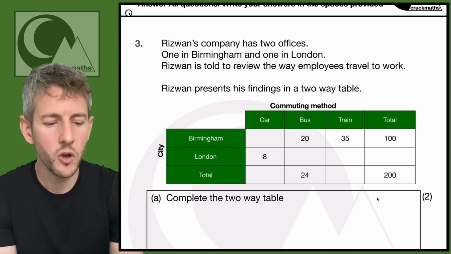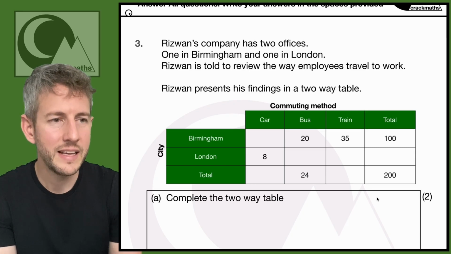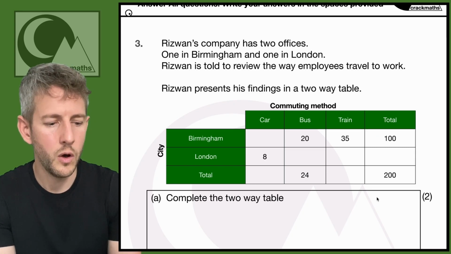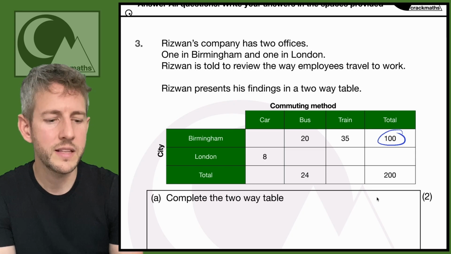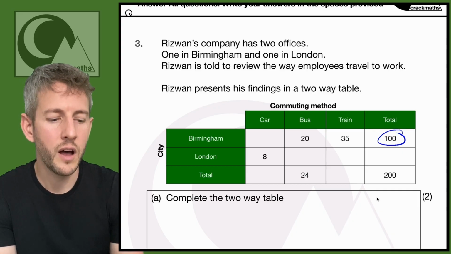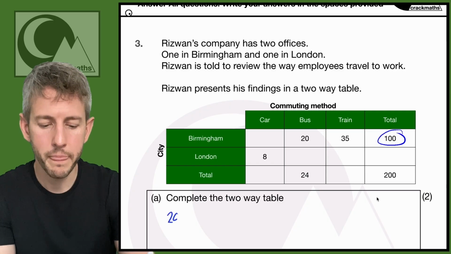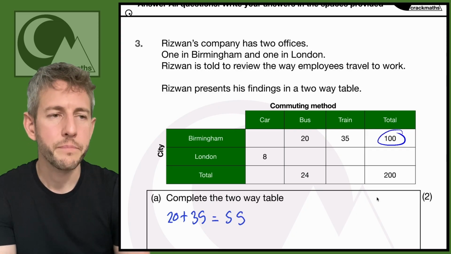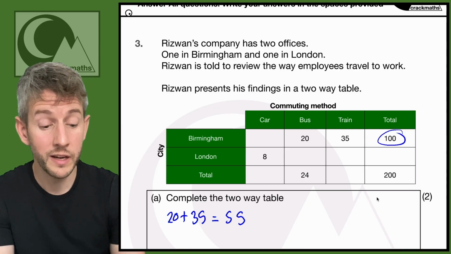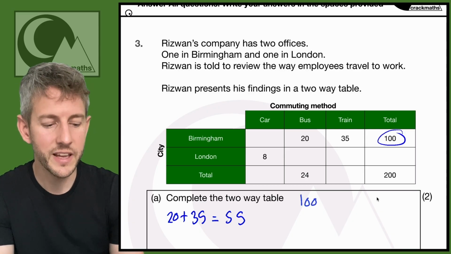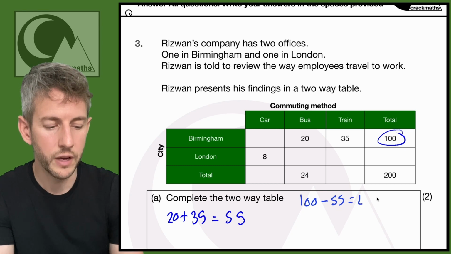So I can see on the top here that it's got a total of 100. And I can see that these two things are 20 and 35. So I know that 20 add 35 equals 55. Now, I also know, luckily, that 100 take away 55 equals 45.